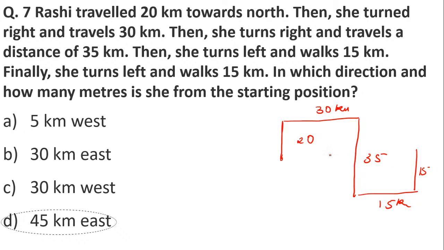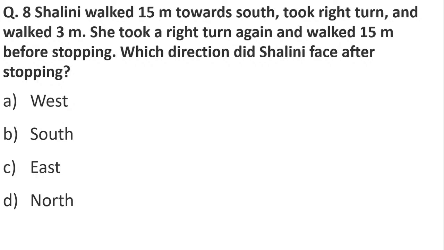So see how much she has traveled. If you take the starting point as this, this much is 20 and this much is 15. So 20 plus 15, it is going to be 35 meters.